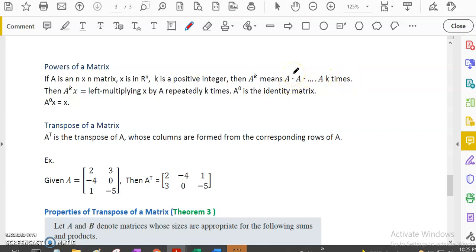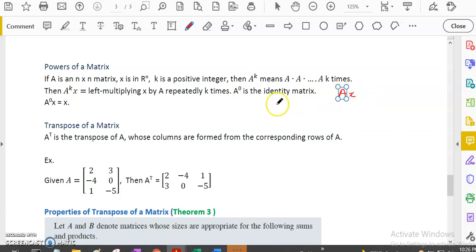But the only thing that is different from numbers is, remember, when we multiply a vector x, that is a linear transformation, right?